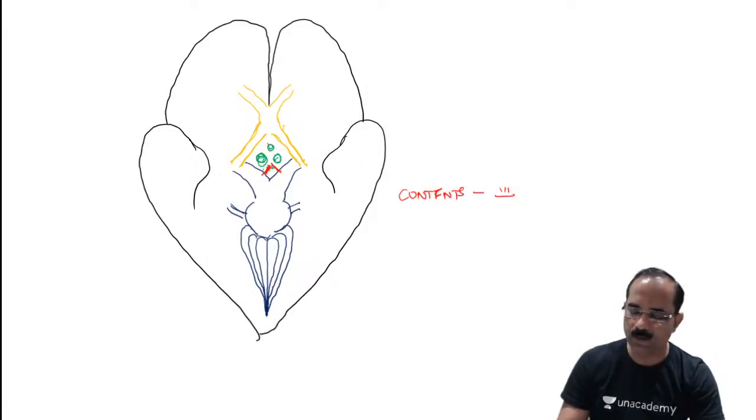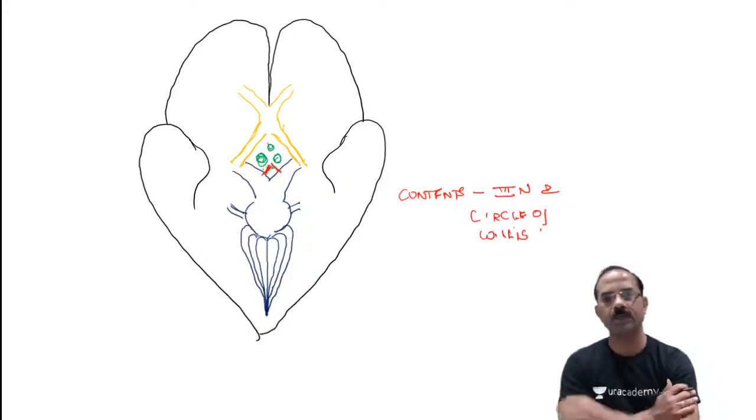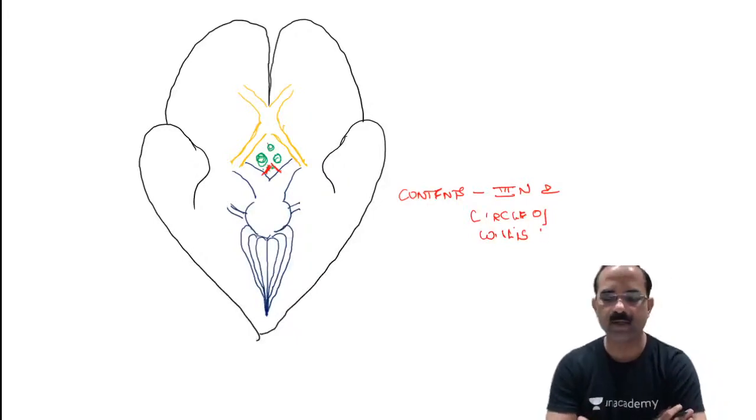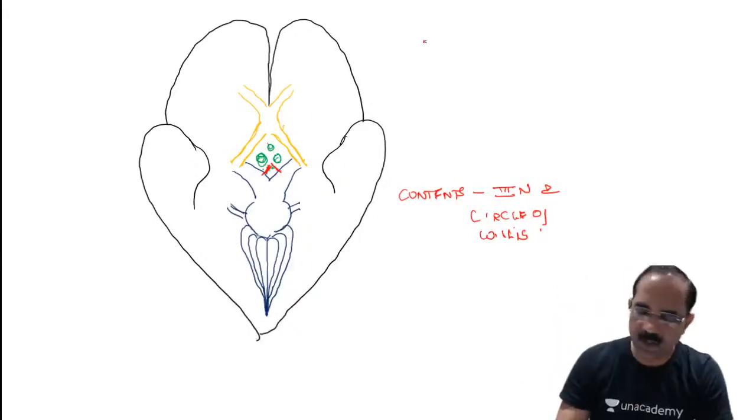Contents is the third nerve and circle of Willis. ठीक है? So that's the content. Are you all clear? So boundaries, anterolateral, and just write this for you. Anterolateral is the optic tract.